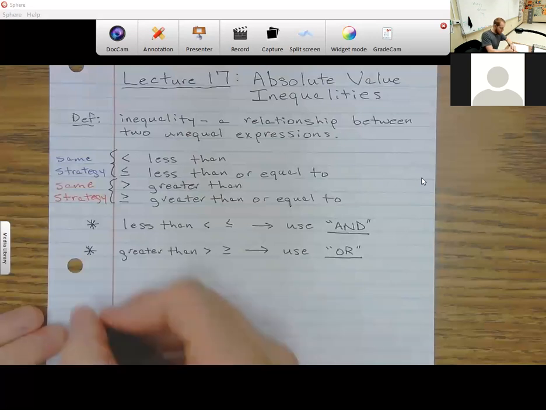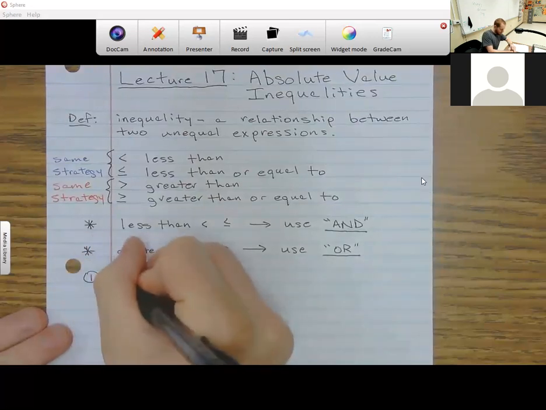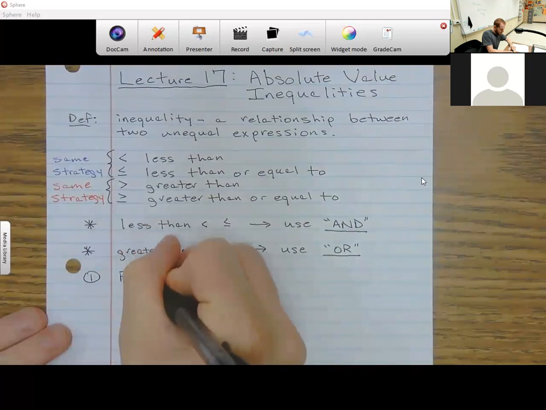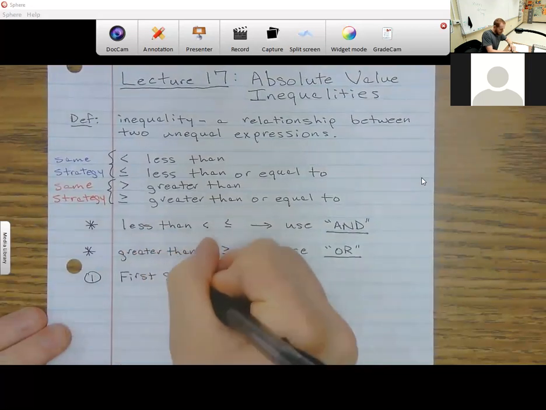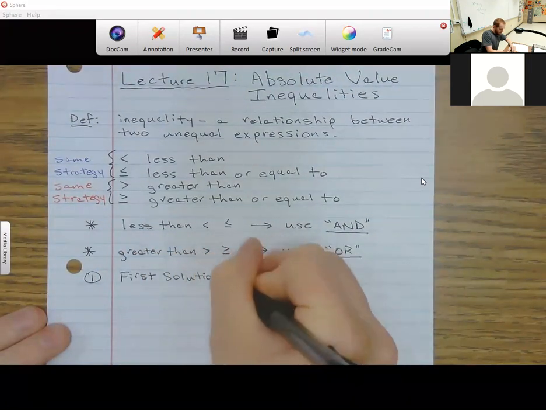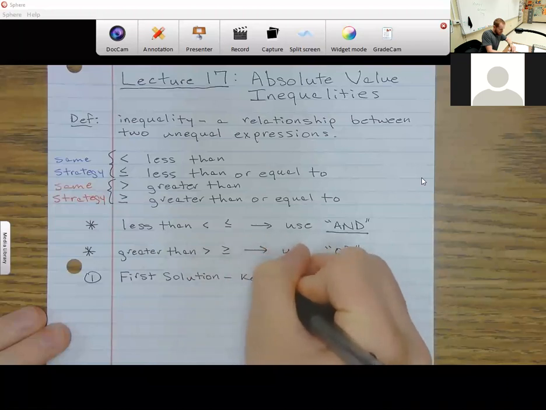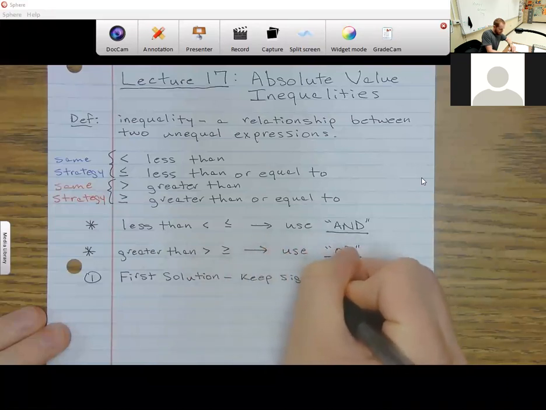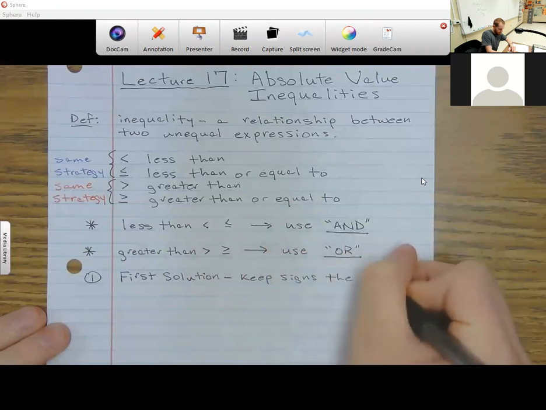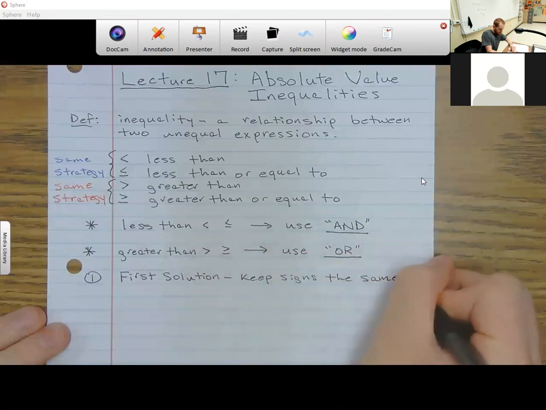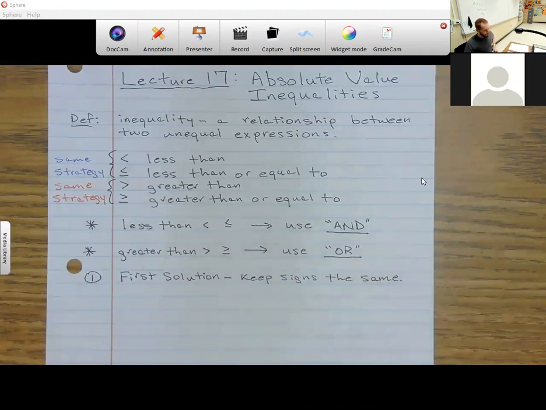So let's talk about those. So the first solution, we're going to keep everything the same. So we're going to keep signs the same. It's that simple. We're going to keep everything the same. So that's for the first solution. That's what we're always going to do when we break it up into our two solutions. And for the second solution, we're going to switch the inequality sign and the number sign.